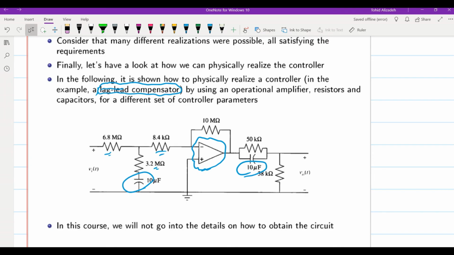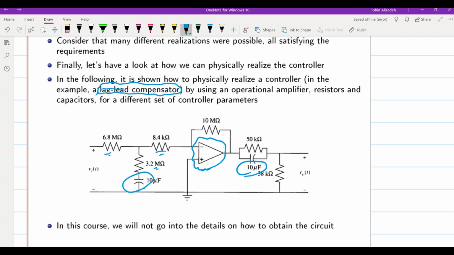By choosing proper values for the capacitors and for the resistors and putting them in the proper configuration, the transfer function between the output and the input in the Laplace domain will give us the GC of S, the transfer function for the controller.